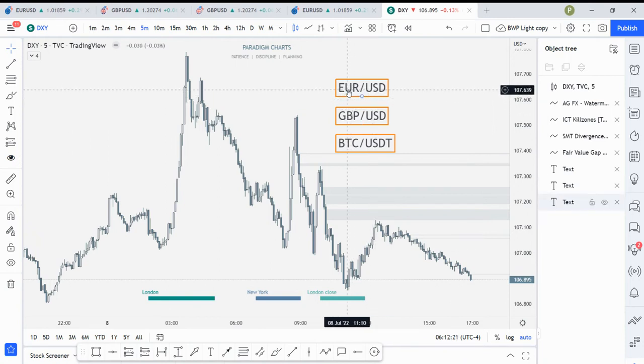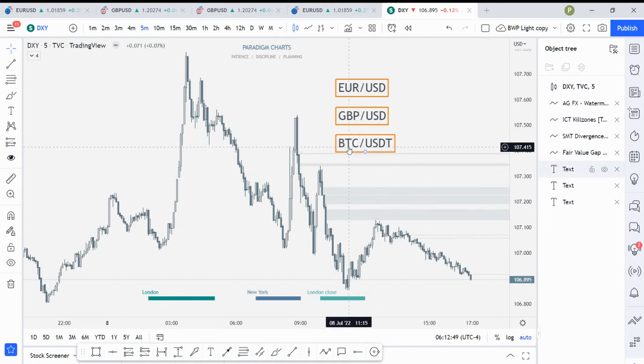And when you are buying this, you are selling this. So if more and more people are buying BTC, you expect that BTC should go up, and USDT should go down, right? Why? Because you are selling USDT.